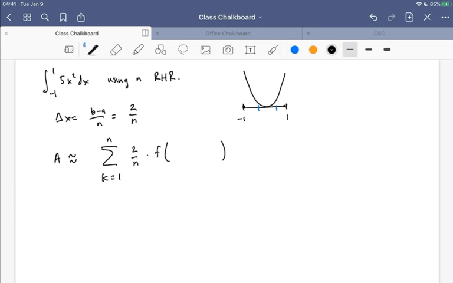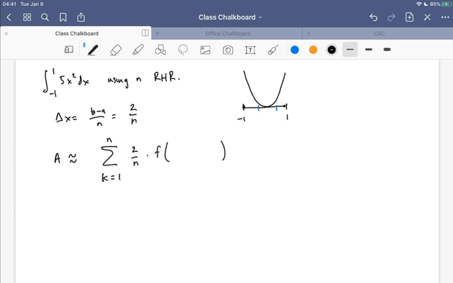Let's make sure that we're clear on the three parts that we've written so far. The 2 over n times f of something is going to be the area of an individual rectangle. The f of something will tell us the height of it, and we'll figure out exactly what that term looks like in a moment. The width we already said was 2 over n.